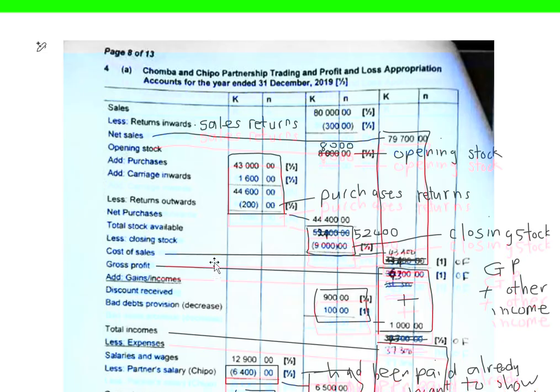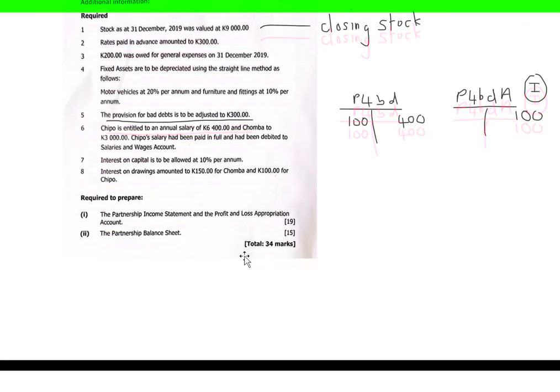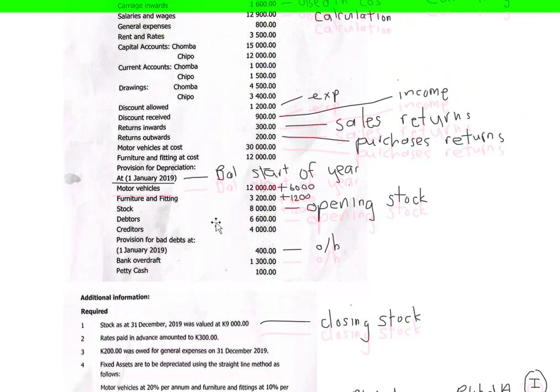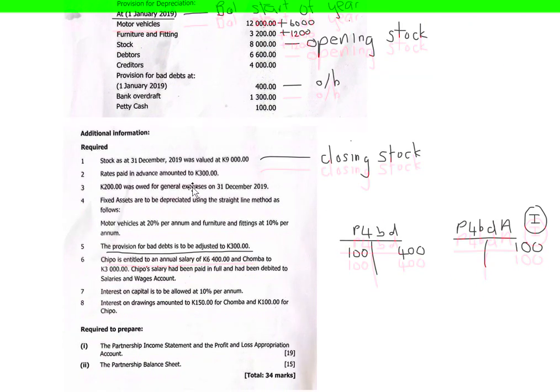So if we go and have a look, there should be in these balances here, discount received, there it is, 900. Now the next one is, I'm going to do it while we're up here, provision for bad debts. It says here the provision for bad debts has to be adjusted to 300.